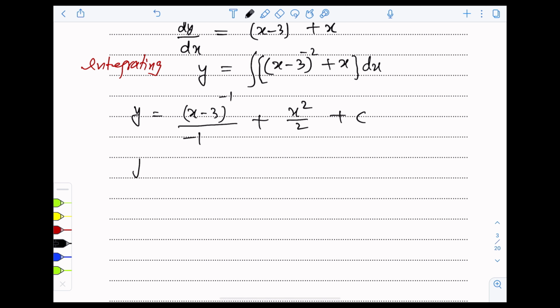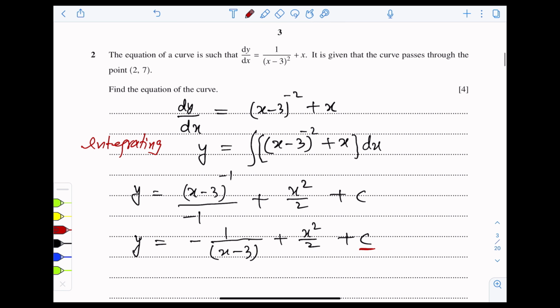Simplifying it, y is equal to negative 1 over x minus 3. The power minus 1 goes to the denominator and becomes positive, so the next term will be x square over 2 plus c. Now this is the equation of the curve, but now we have to find the value of c.